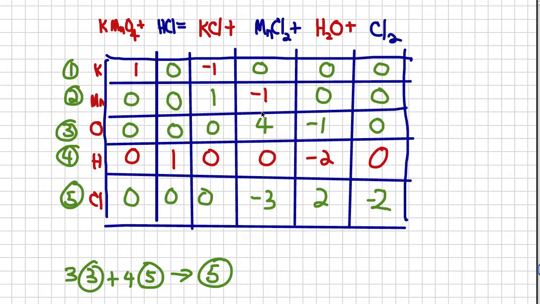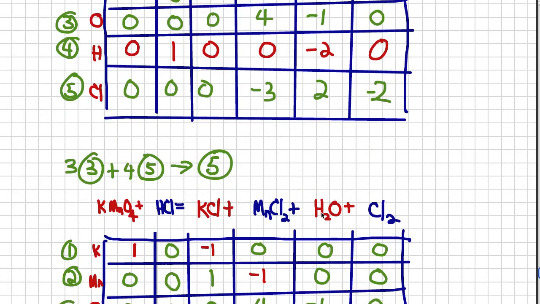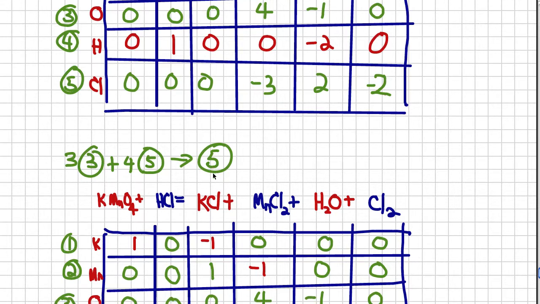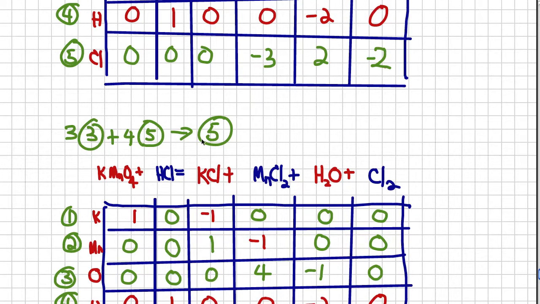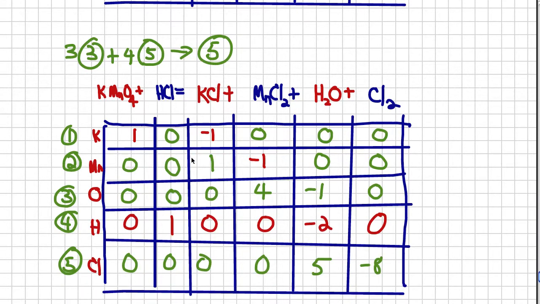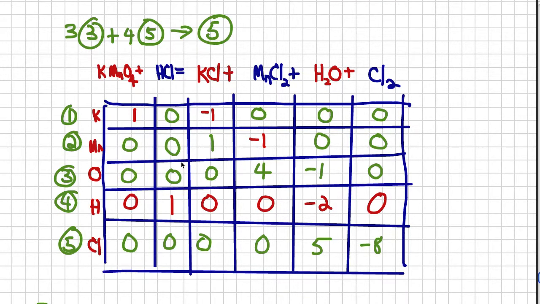If I add 3 times this row to 4 times this row, this thing disappears right in here. 3 times this row is negative 3 over this number here. 4 times this is 8, and if I add those, that gives me a 5. So this is how I get rid of that negative 3 down there, by performing this operation on the rows. And this gives me this right here.